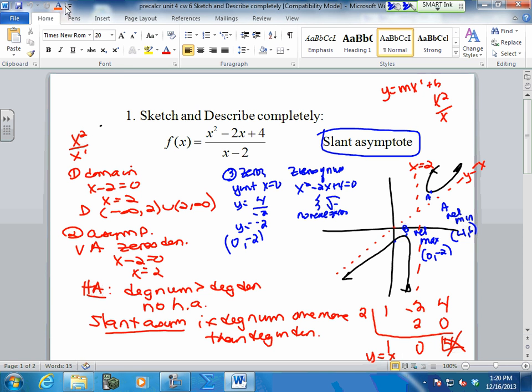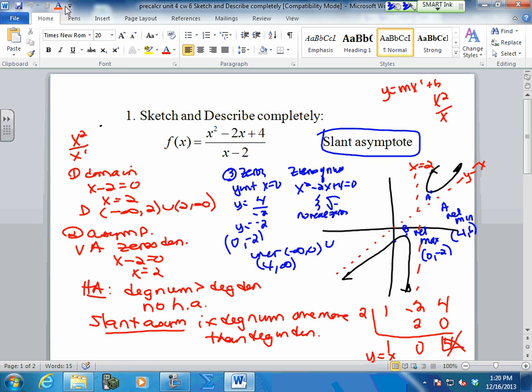Now from here, we can do your increasing. Let's take a look at your increasing, from negative infinity to that x value, which would be 0. My graph's just slightly off. And then increasing again from here, that x value. See it increasing? How about your decreasing?